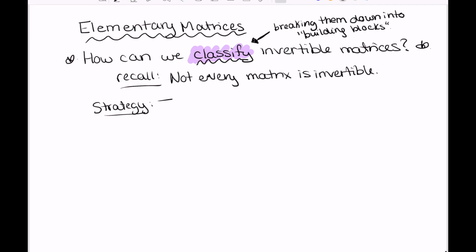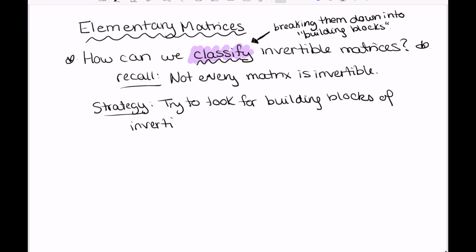So to think about this in a more familiar context, we can think of numbers. Again, we're going to be trying to find these building blocks, but we have already been able to find building blocks of whole numbers throughout our lives, probably as far back as late elementary school.